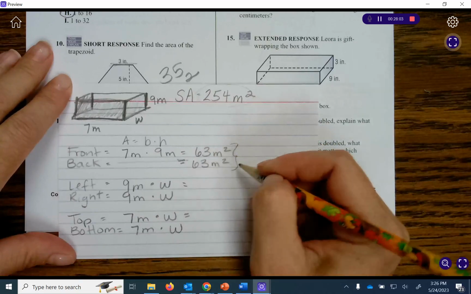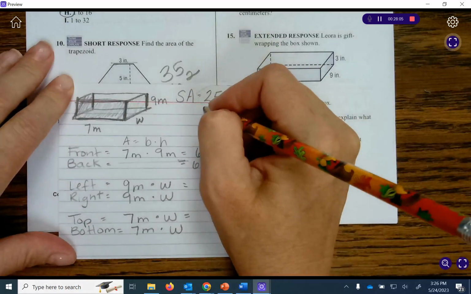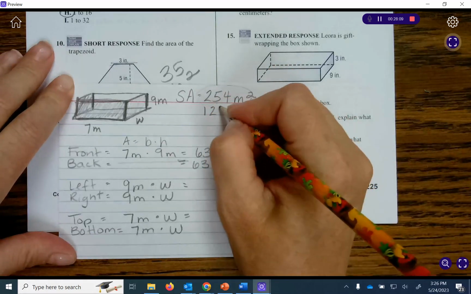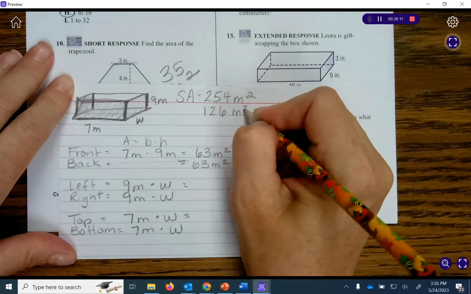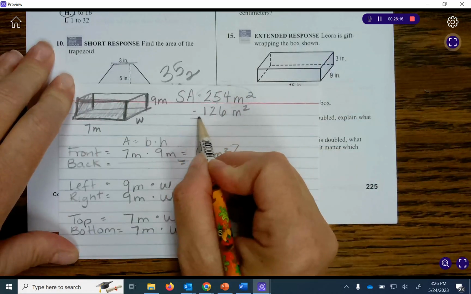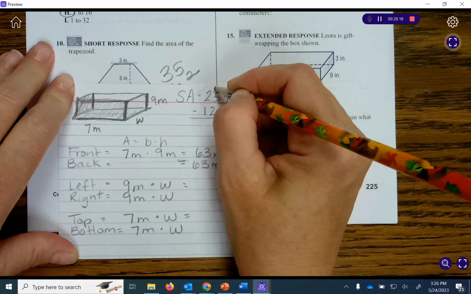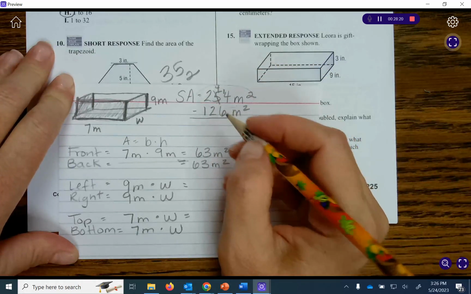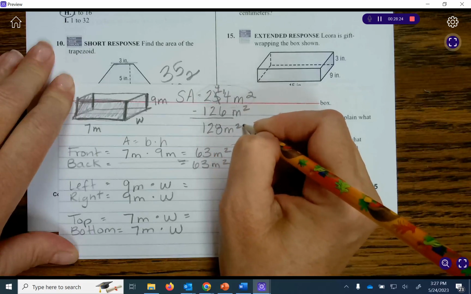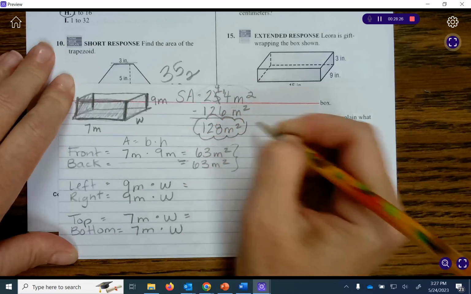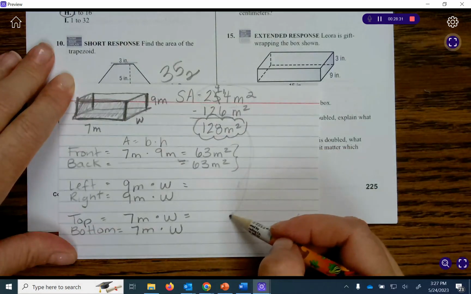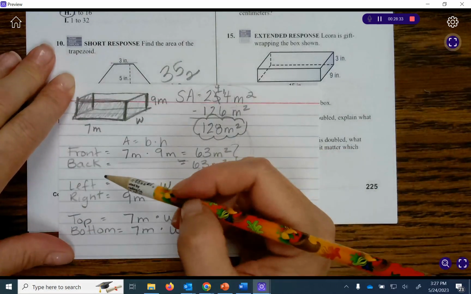I know that the total surface area is 254 meters squared. Right now, I have accounted for 126 meters squared of that. So I'm going to subtract, and I get 128 meters squared left over. I have to divide that up between all of these sides, or faces.